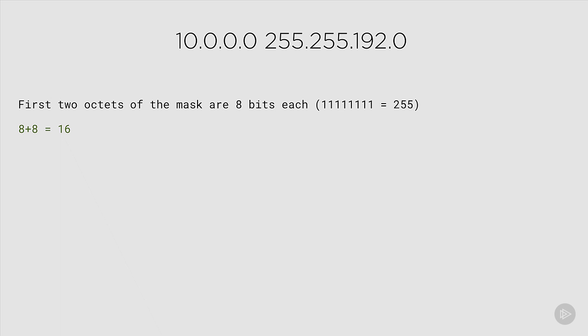If you look at the first two octets of the subnet mask, 255.255, each of these octets is composed of 8 bits, which are all set to 1. So we simply add these together to get 16. Now, let's look at the third octet, 192. We write this out in binary, 11000000.